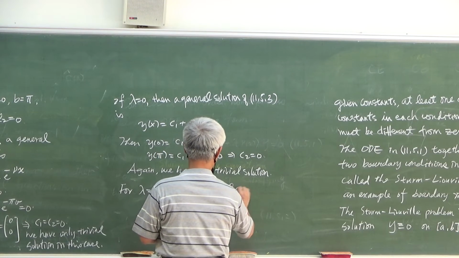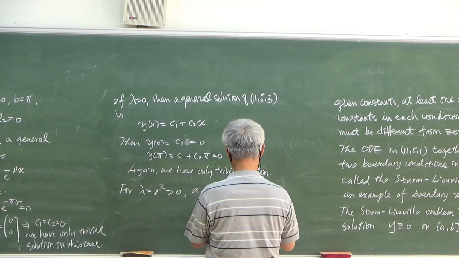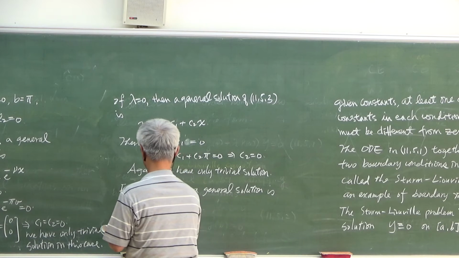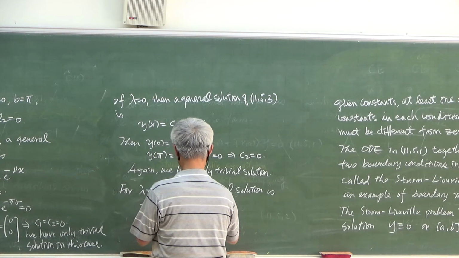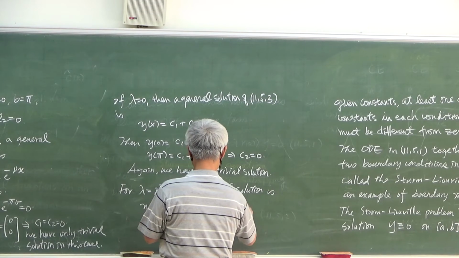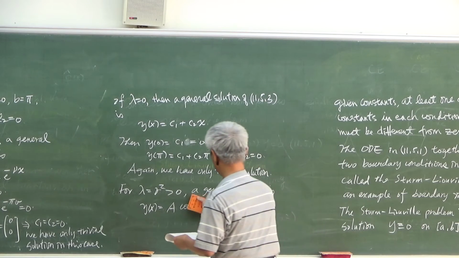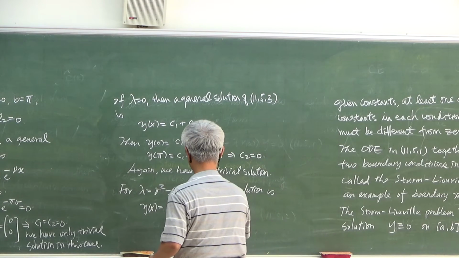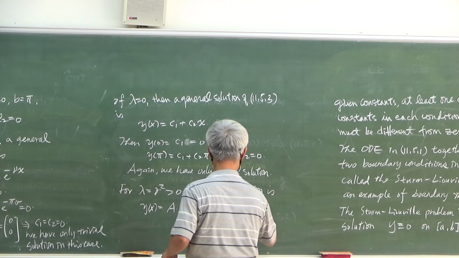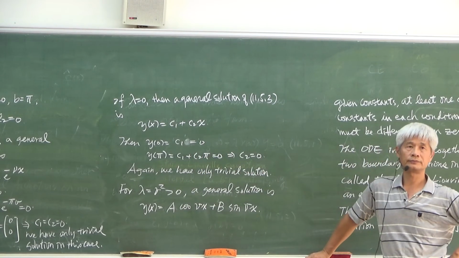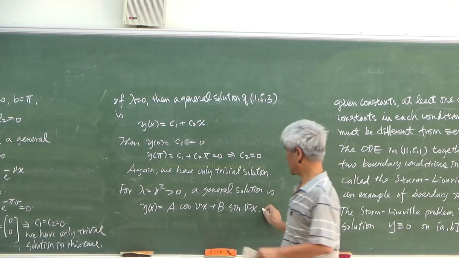The general solution is A cosine mu x plus B sine mu x, because lambda is equal to mu squared. So we have the general solution.